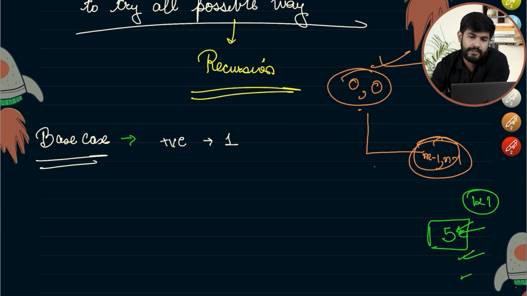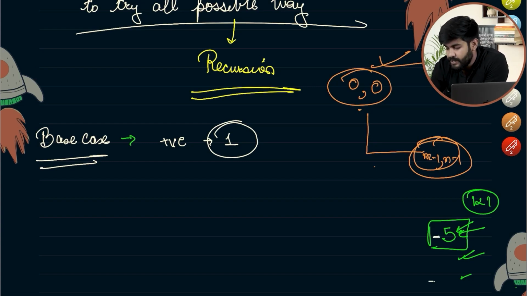The health can never be 0 or negative. That is why even if the value is positive, I need a health of 1. But let's say the value is negative, like minus 5. If it is minus 5, I would require plus 6 health. The minimum health required would be plus 6.